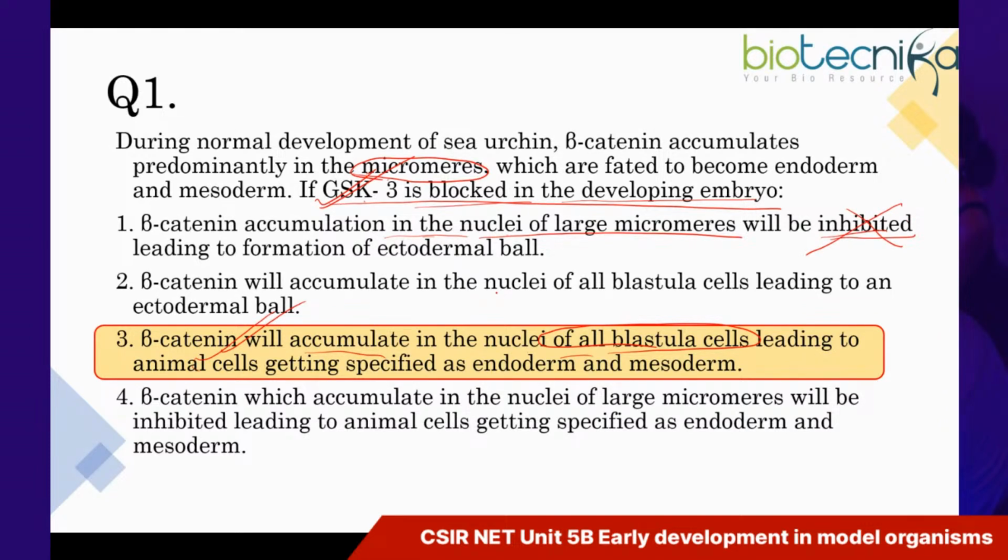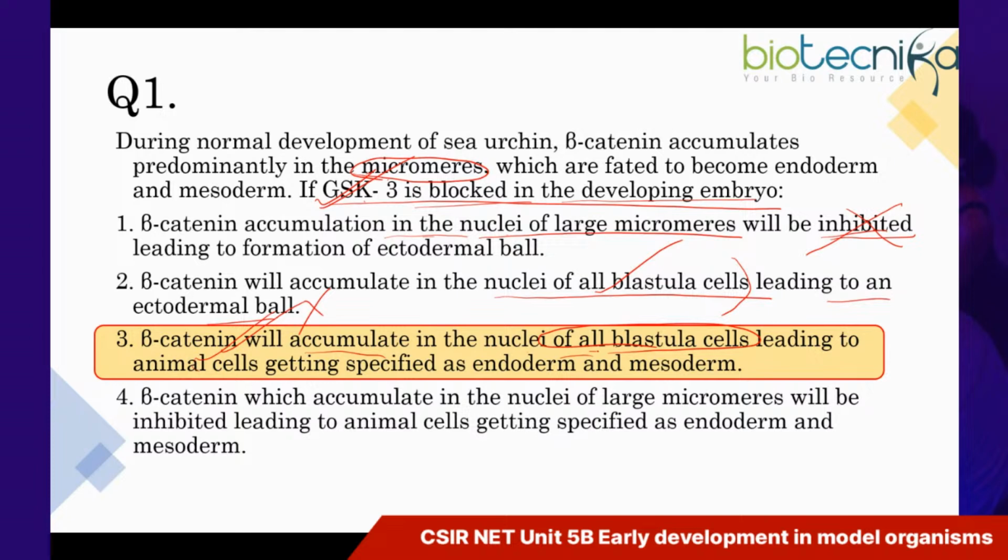Beta-catenin accumulates in nuclei of all blastula cells, leading to an ectodermal wall. Till here it is correct. It will accumulate in nuclei of all blastula cells. But whichever cell it is present in, it will lead to the formation of endoderm and mesoderm. Why will it form ectoderm? No reason.